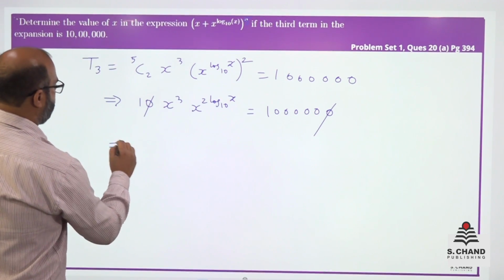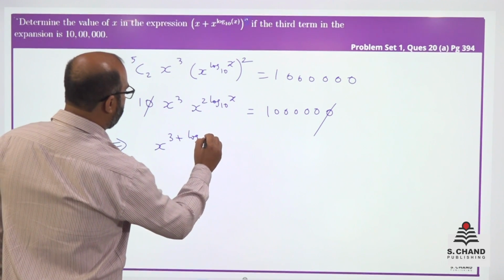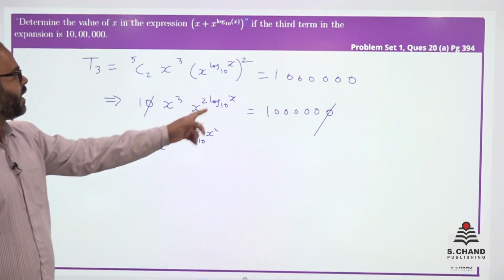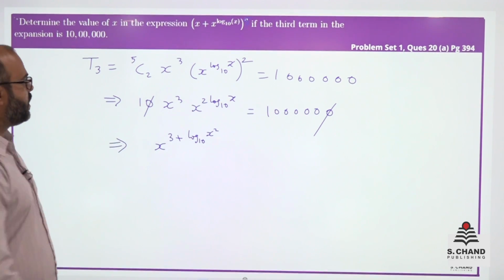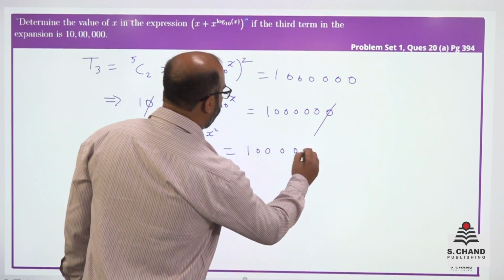Let us cancel 10. So x to the power 3 plus log of x square to the base 10. If we take 2 in the power, x square to the base 10, base x is same in both the places.